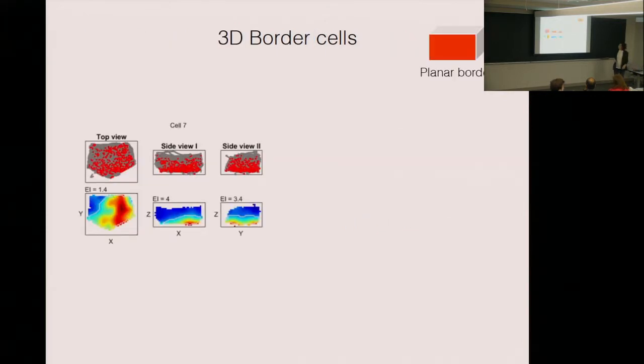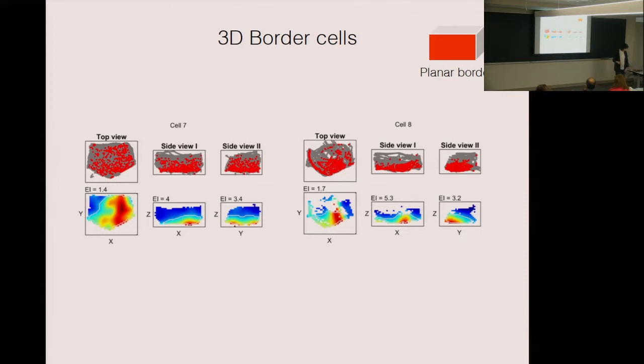So here is an example of what we think is a planar border cell. What you see here is a top view of the room and the 2 side views of the room. In the spikes, when you look at the top view, it's pretty much firing all over, and then you see in the side views, they tend to fire more closely to the floor, and that's also shown in the firing rate map.